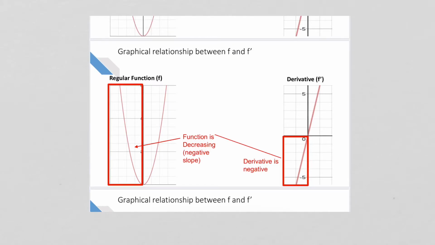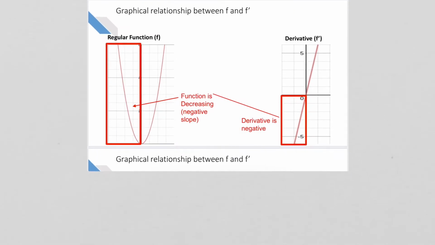So here we have a portion of the function where the function is decreasing as we move left to right. The curve is going down. So the slope is always negative in this red section, which corresponds with this section of the derivative where the derivative is negative. So we have a negative slope.